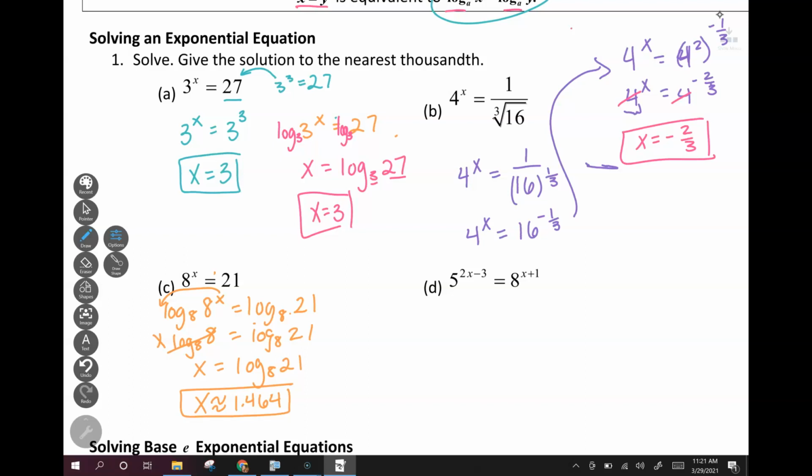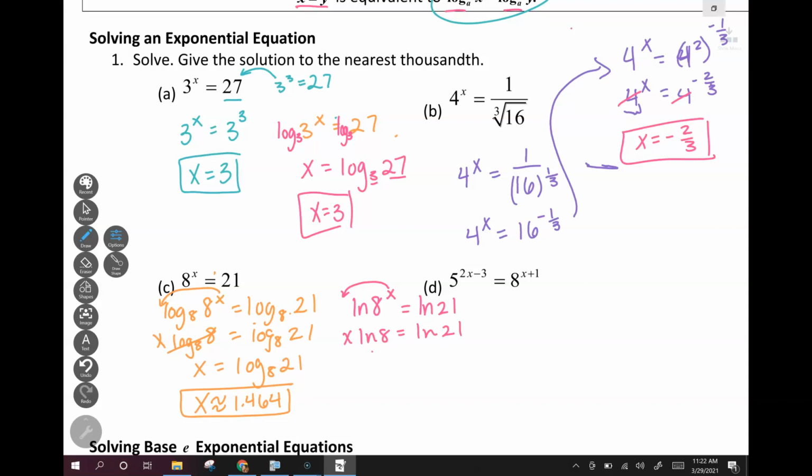Now, if you don't have that log base in your calculator, or if you just want to do it a different way, you can just take the log base 10 of both sides or ln of both sides, either one. So you could do ln of 8 to the power of x equals ln of 21. You can still bring that x down. But now ln of 8 does not cancel.